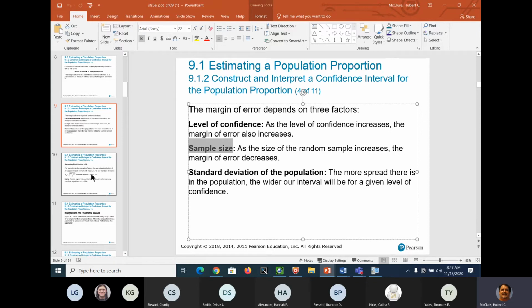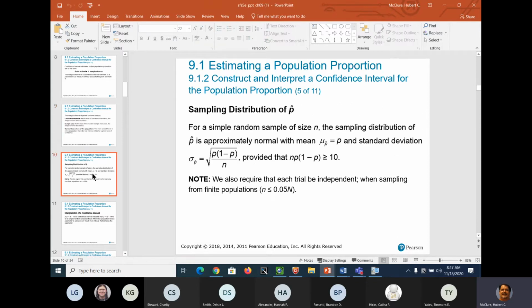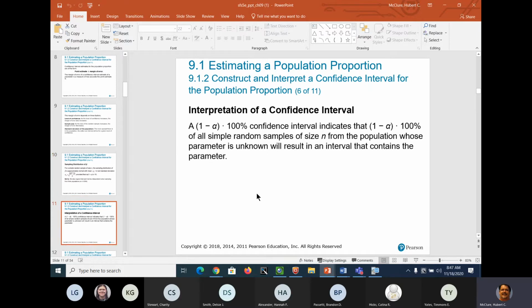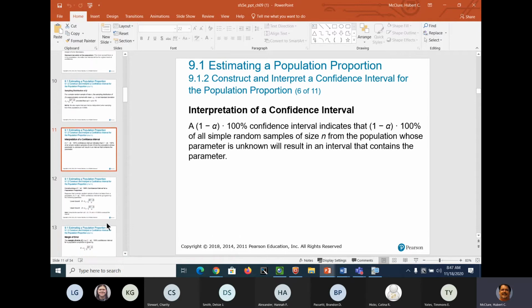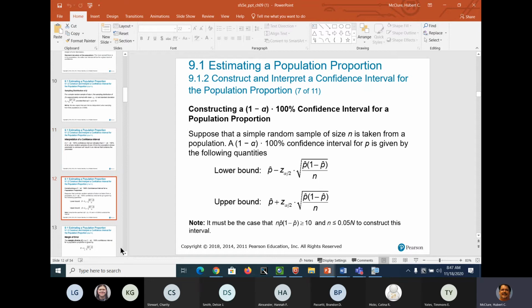Anyway. And remember, these are the things that we learned in chapter 8. The two tests: npq has to be greater than 10, and little n has to be less than 5% of big N. I'm trying to find an actual question, so if you're wondering why I'm kind of skipping around, I'm trying to find an actual question.